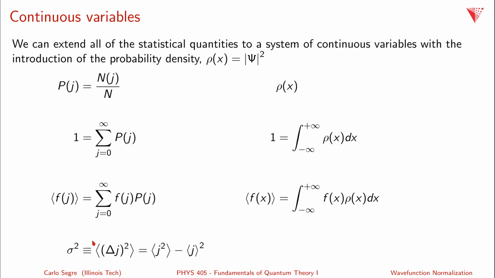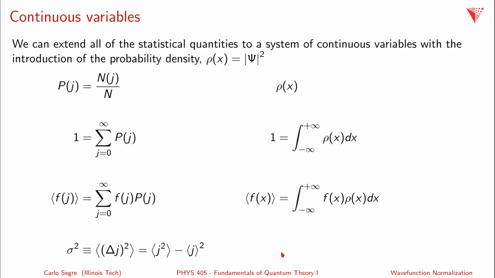And finally, the variance, sigma squared, which we calculated in the last video, which was the expectation value of delta j quantity squared, or equivalently the expectation value of j squared minus the expectation value of j quantity squared.